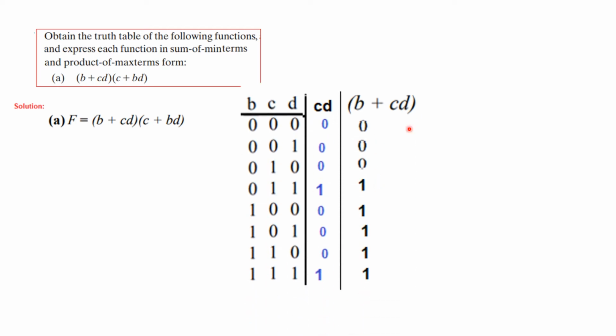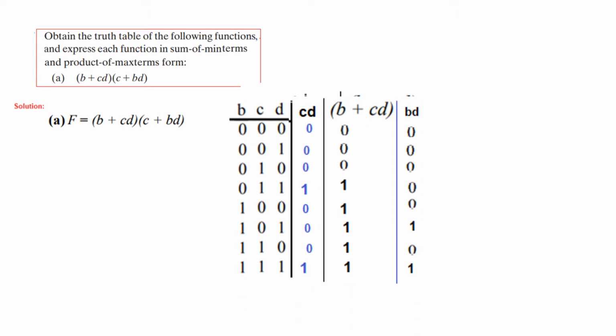So we have found the first term, and similarly for this we need to find BD. So let's find BD, and BD again from B and D, an AND gate. So whenever both are 1, only then the output will be 1.